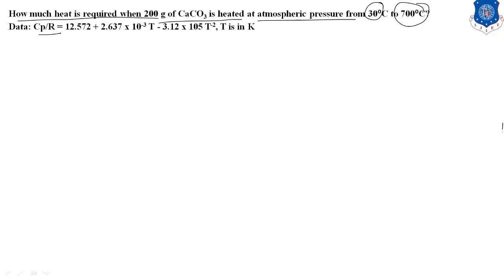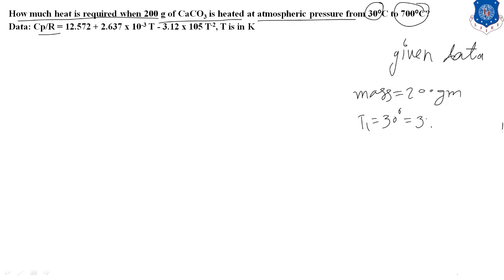So let's first write the given data. Mass is 200 gram. T1, which is 30 degrees Celsius, means 303.15 Kelvin, and T2, which is 700 degrees Celsius, means 973.15 Kelvin.